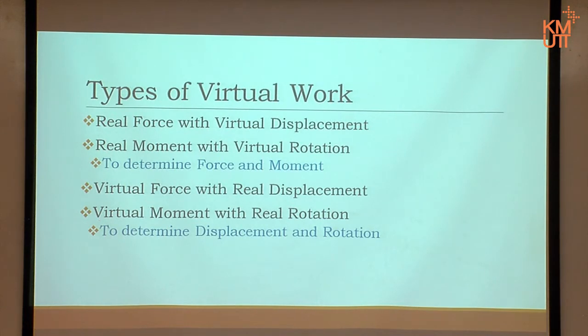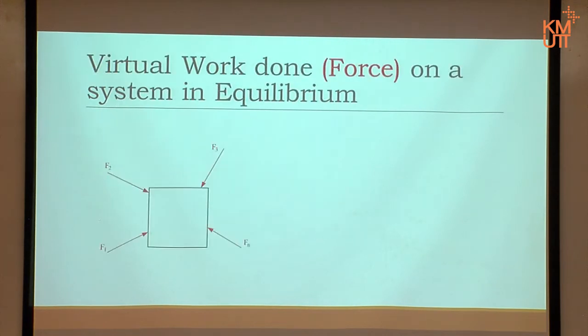So, before we can apply it, at the moment we know how to calculate the work, but we don't know the relationship within the system. Right? So the next one, because we are talking about equilibrium, we are talking about virtual work within an equilibrium system. Let's say there are so many forces acting on this body, with no rotation. Okay, if it lacks rotation, we can consider the moment later.